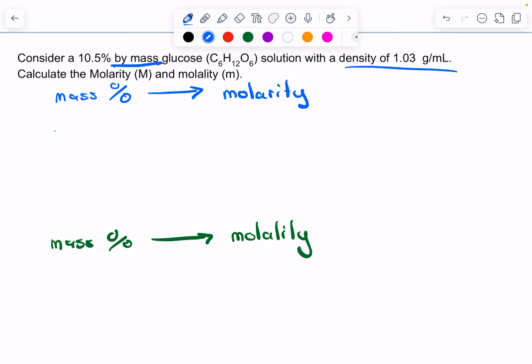So we are first going to define what the mass percent is, and include that value now. That value, 10.5% mass by mass, means it is 10.5 grams of solute.